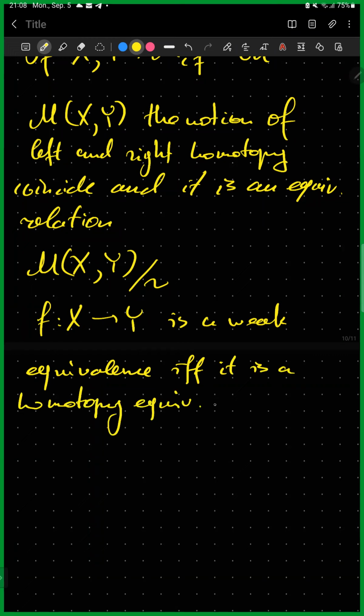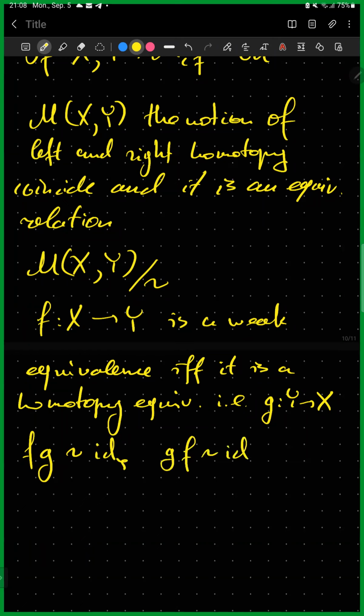That means that it has a homotopy inverse which goes in the opposite direction and whose composition with f is homotopic to the identity on Y in one direction and the identity on X in the other direction.